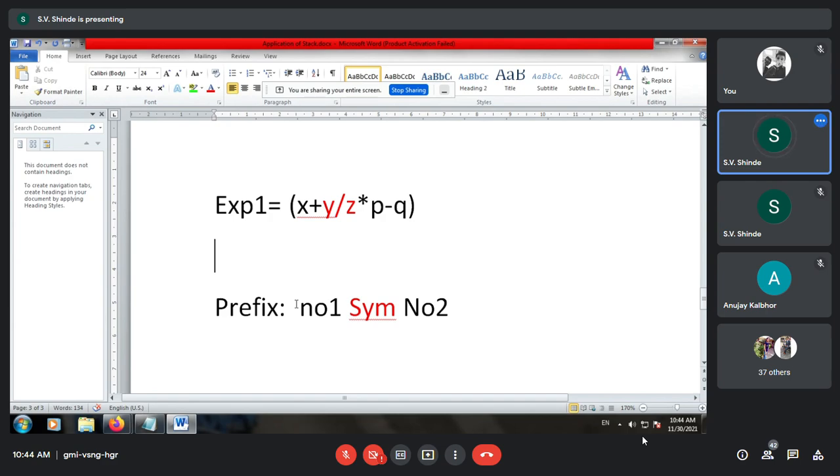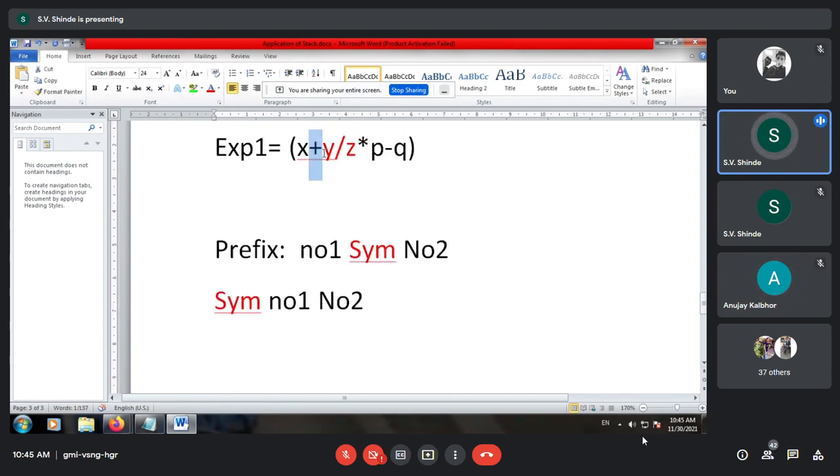So when we have to use prefix, we put the symbol before number 1, and then you have number 1 and then number 2. So this is the simplest example, prefix.